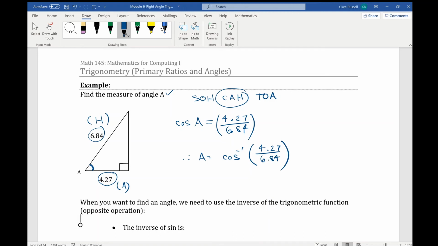Now I would suggest you put the brackets there, otherwise you're going to run into no end of problems. And if you plug that in, you'll get that A is 51.4 degrees. Now notice here that we use 3 significant digits, and you'll see why.